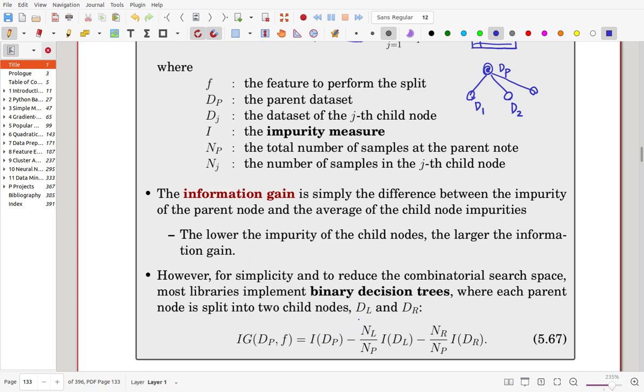Here there is a left one and a right one. Then the impurity of the parent data set is subtracted by the average of the children's impurities. There are only 2 children.